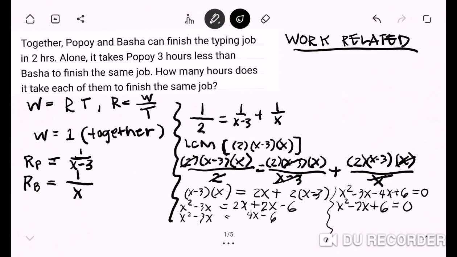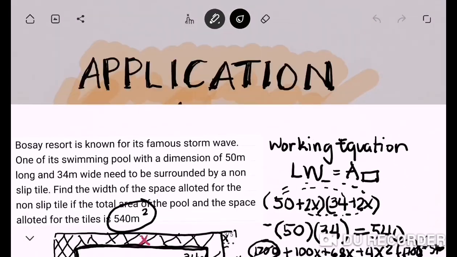Okay. So, in this case, meron na ulit tayong tinatawag na quadratic equation. So, we now have x squared minus 7x plus 6. So, in this case, pwede na uli natin gamitin yung ating iba't ibang way ng pag-solve ng quadratic equation. So, kung kanina gumamit tayo ng quadratic formula, so this time, let's try to use another method.